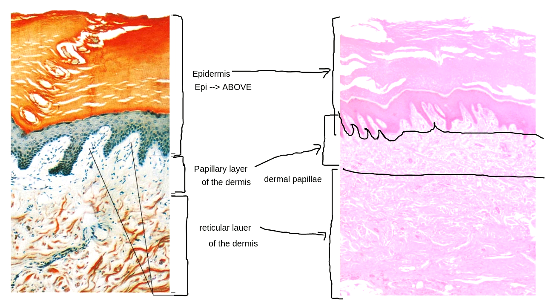Epidermis, somebody already told me, is one of those types of tissues with a really long name. Keratinized, stratified, squamous epithelium.